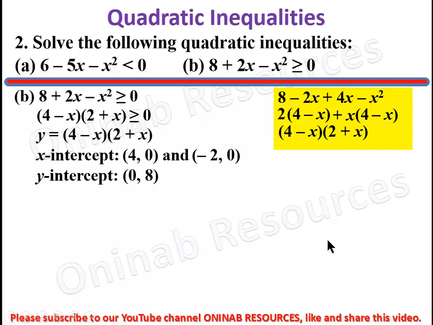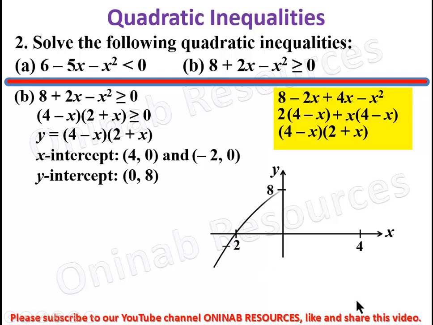So the Cartesian plane, that's the x-axis, y-axis, and this is the origin. Here, 4 and negative 2. So we have negative 2 here and 4 is here. Then for the y-intercept, this is 8. So we join the 3 points. Joining the 3 points, we have this.